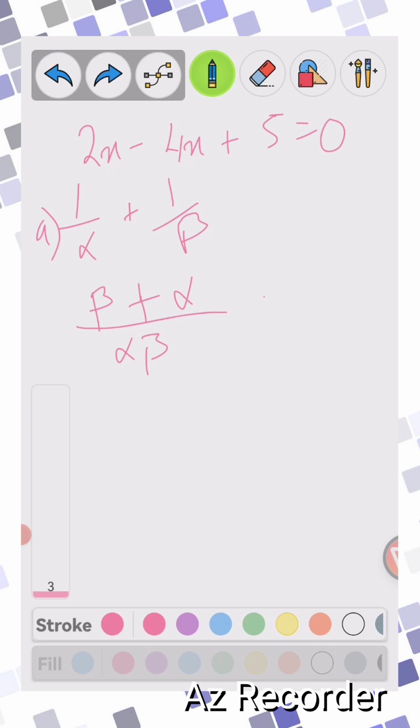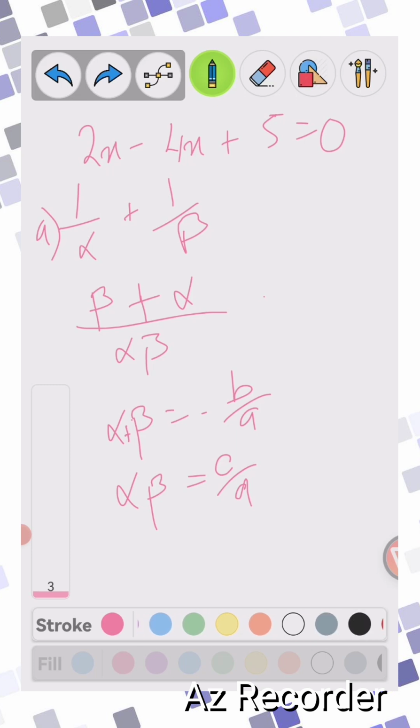I know how to find that, don't I? The sum of my roots, alpha plus beta, should give me negative b over a, and the product of my roots, alpha beta, should give me c over a. So what is my a, b, and c?